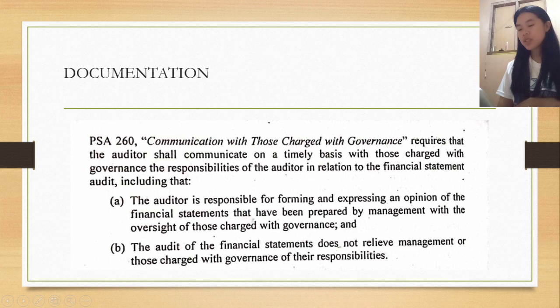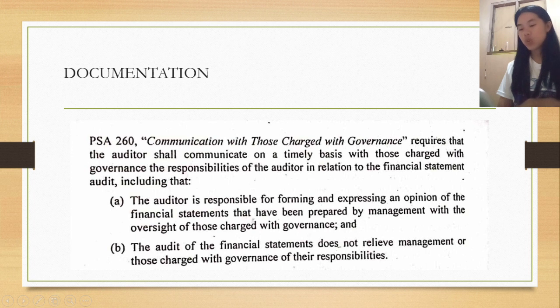PSA 260 says communication with those charged with governance. It requires that the auditor shall communicate on a timely basis with those charged with governance the responsibilities of the auditor in relation to the financial statement audit.